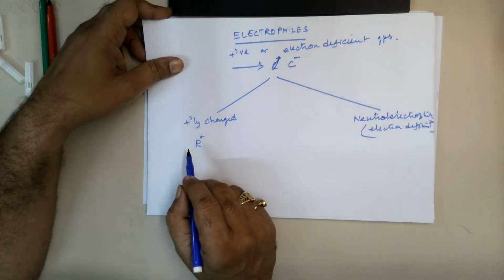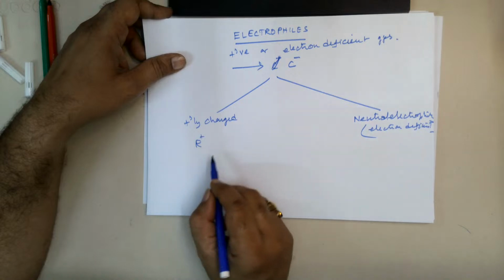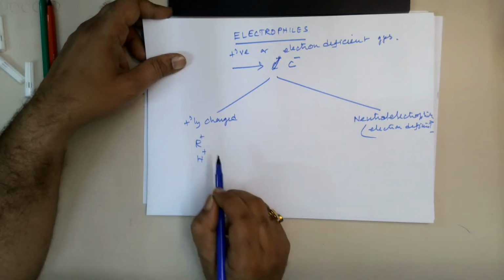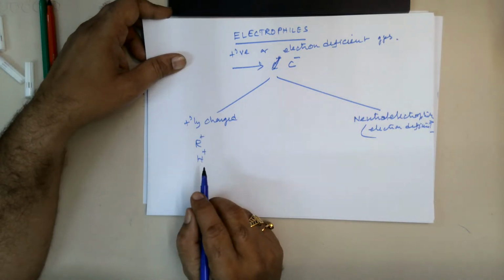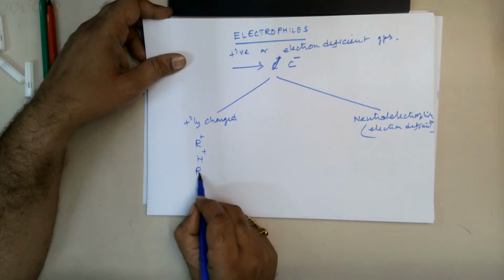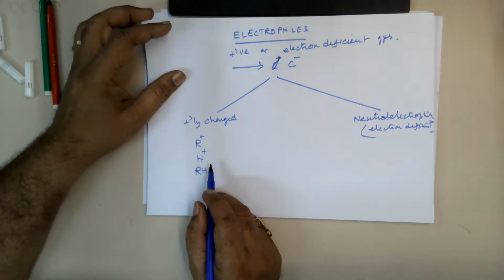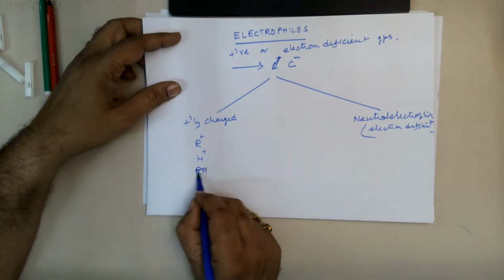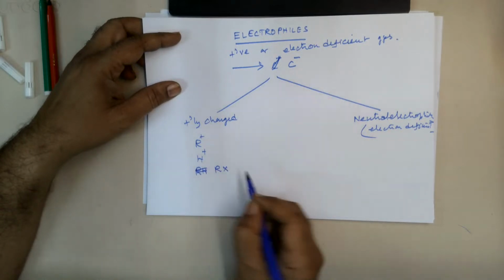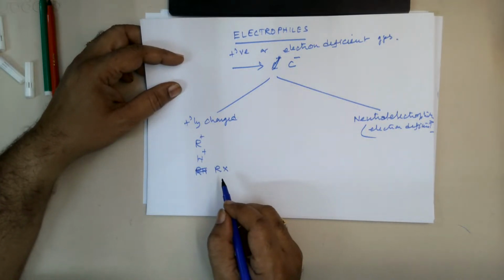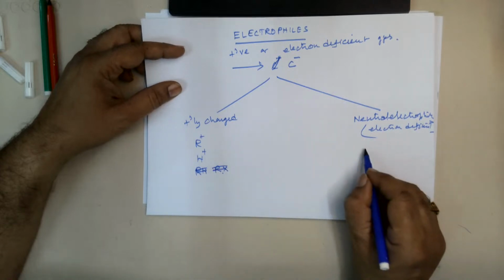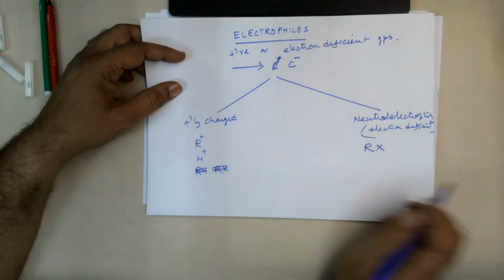Example, proton is also an electrophile. Alkyl halide, RX, you can put. Actually this is a neutral one, so you can put here RX.